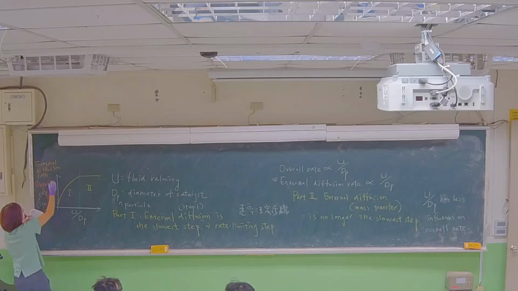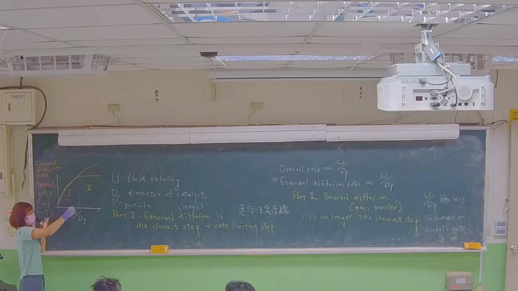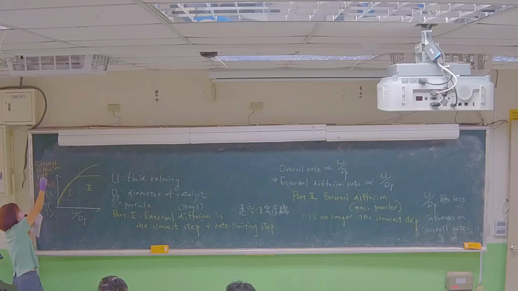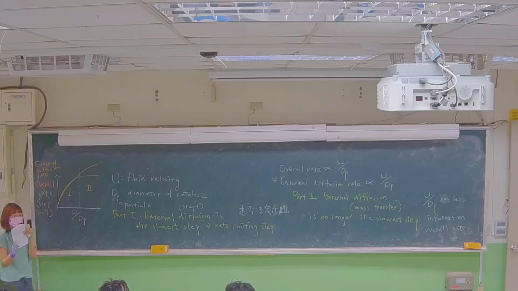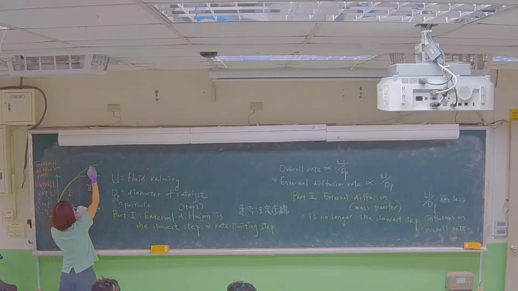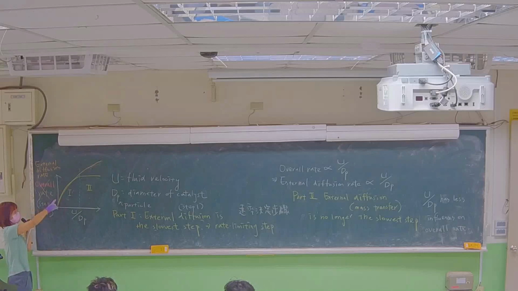If I change this one into external diffusion rate, this one could be like this, okay? If it is external diffusion rate, the step 1 external diffusion rate is always influenced by U and dP. So the larger U over dP, the larger external diffusion rate. So that is very different. You have to find this one. What is the physical parameter in the y-axis?